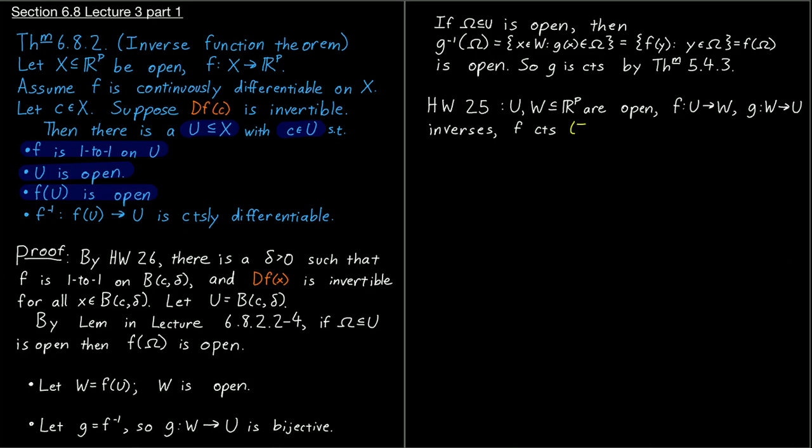That's because F is differentiable, by theorem 6.7a as usual. And we just saw that G is continuous. And we've also got that df of x is invertible for all x in U.